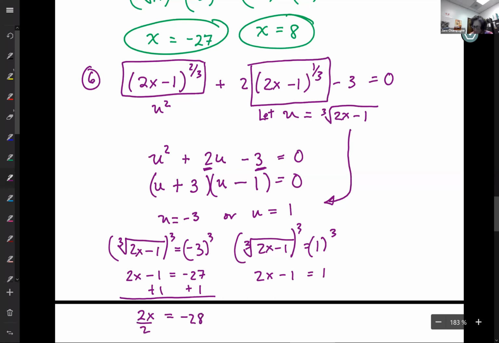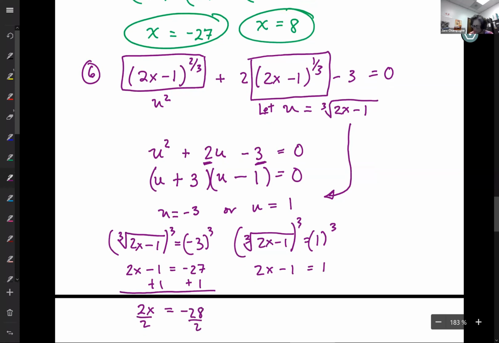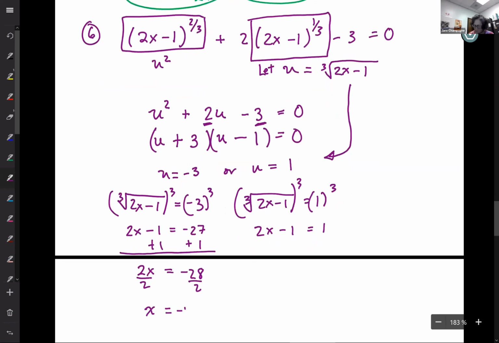Divide by 2. X equals negative 14. Add 1 to both sides over here. 2x equals 2. Divide by 2. X equals 1.